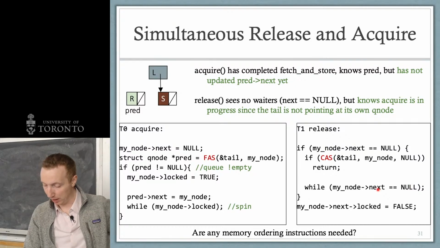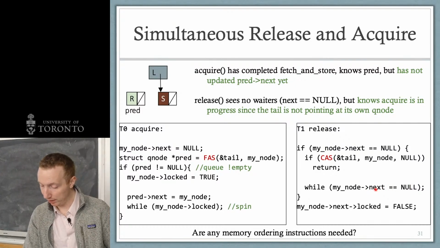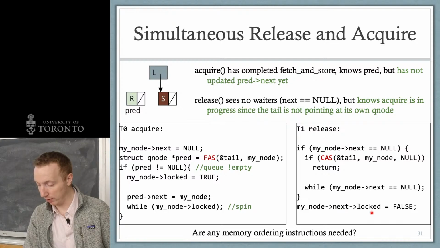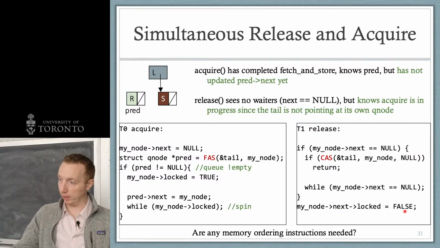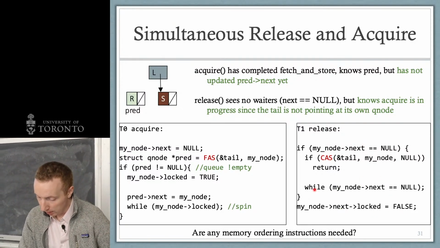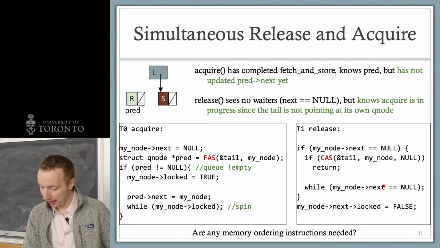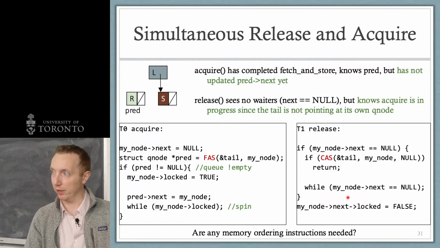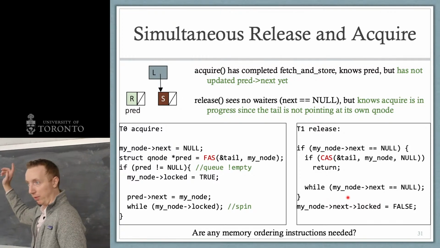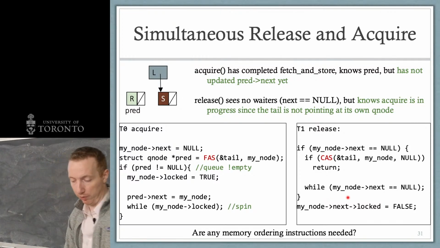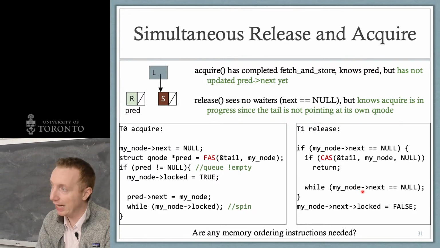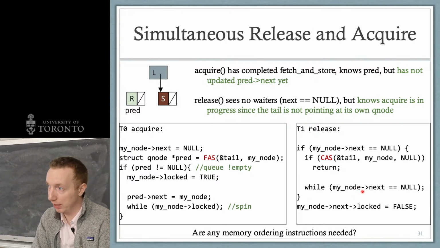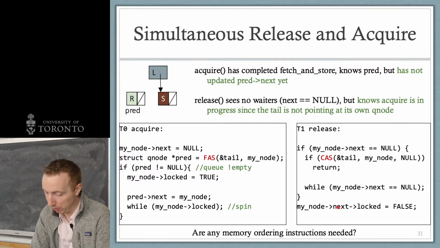I need to absolutely make sure that this is complete, because the next thing I'm going to do is use that value, set its next, and locked equal to false, and update it. So the memory ordering I need is, in this while, a read barrier. I need to make sure there's a read barrier as part of this while so that I actually have the most up-to-date read here.